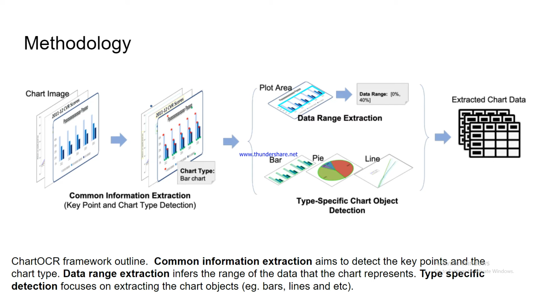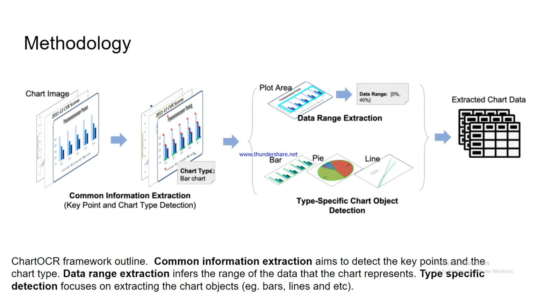For a line chart, the key point is the pivot point on the line. For a pie chart, the key points are the center point plus the intersection points on the arc that help to segment the chart into multiple sectors. In this phase, it finds the top left and bottom right key points for the bar chart.